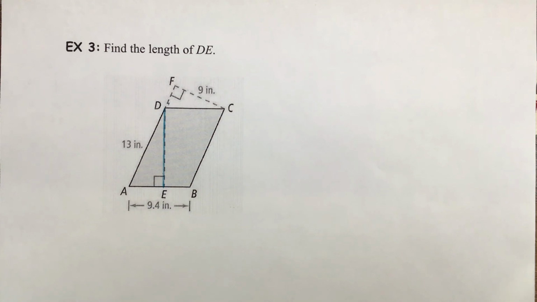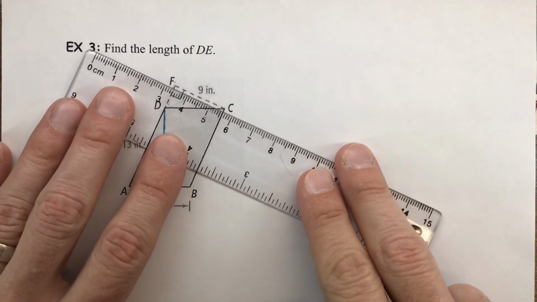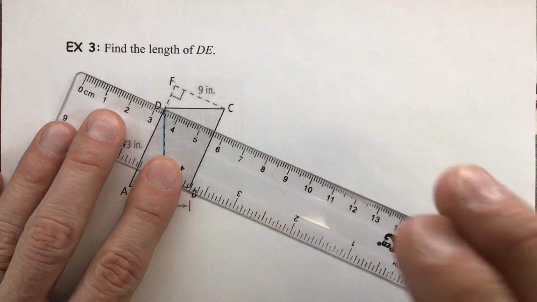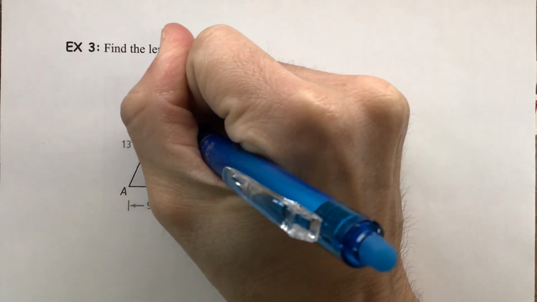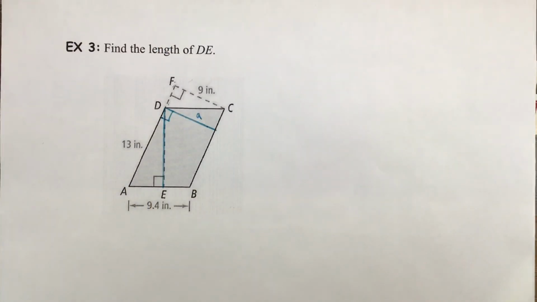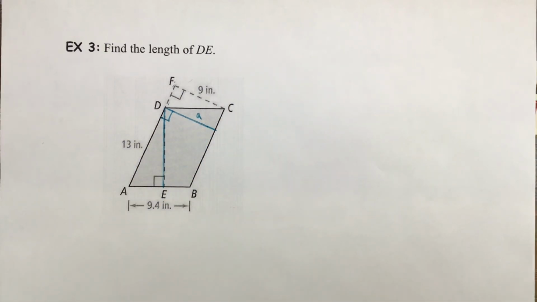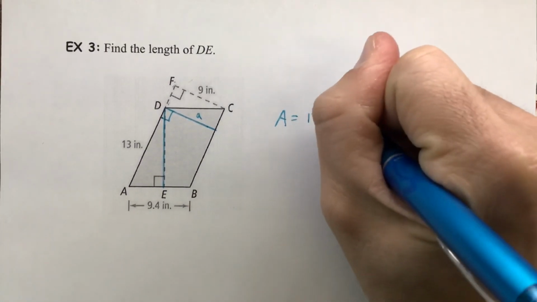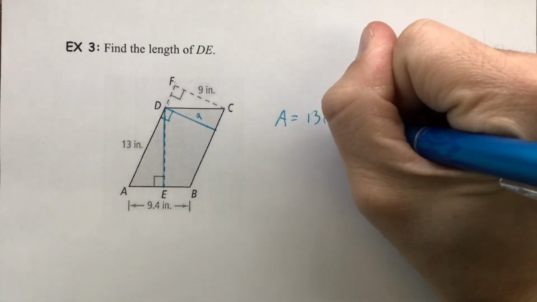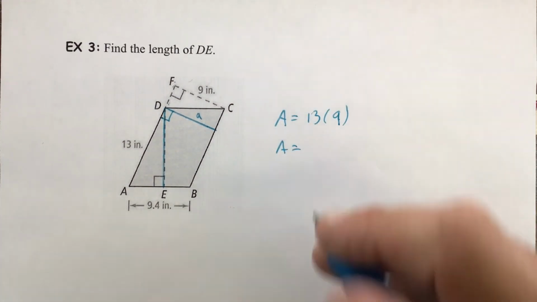Okay, that measurement of a 9, you could actually just bring it in, if you wanted to, just draw a line parallel. You could let that be a 9. You would get your perpendicular here, and given the 9 and the 13, you could actually calculate the area. Okay, the area is going to be 13 times 9, which is equal to 117.